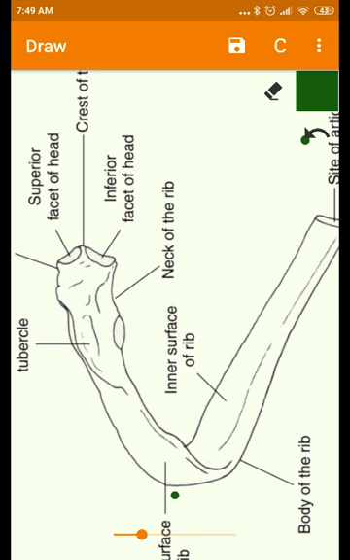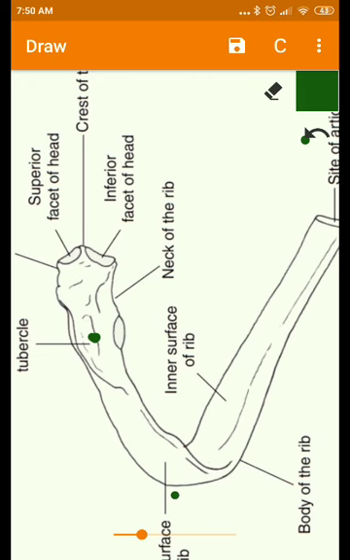Its medial part is articular and forms the costotransverse joint, articulating with the transverse process of the corresponding vertebra. The lateral part is non-articular.